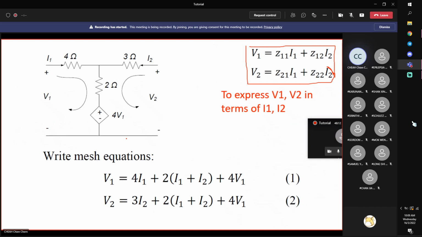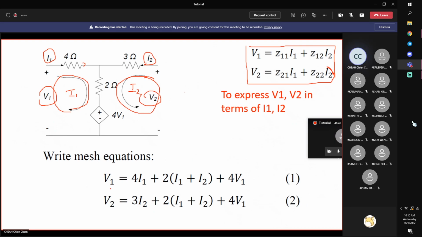You write down the equations in terms of the 4 variables, V1, I1, V2, I2, and then try to rearrange the equations into this form. For example, here, if I use mesh analysis, this is my I1. Remember, I1 and I2 are all inflow. So you define this way. This is your I2. The mesh analysis says to apply Kirchhoff voltage law around the loop.